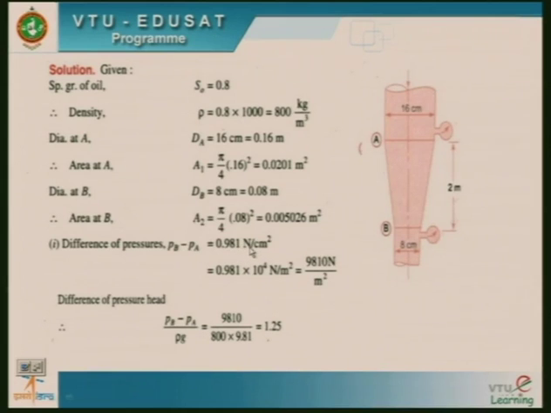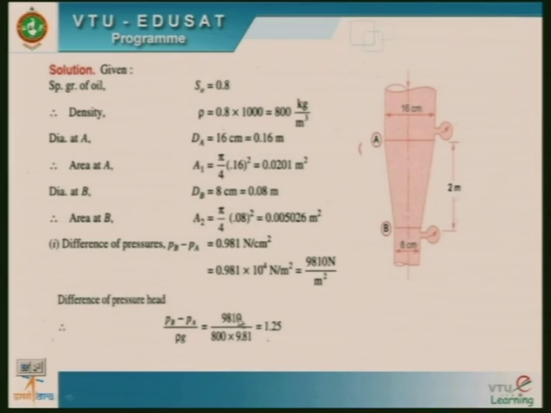Now, if you convert this into Newton per meter square, then this becomes 0.981 into 10 power 4 Newton per meter square. Now, this is the pressure. If I want to convert this in terms of pressure head, then you need to divide this by gamma, the specific weight of oil, or rho into g.